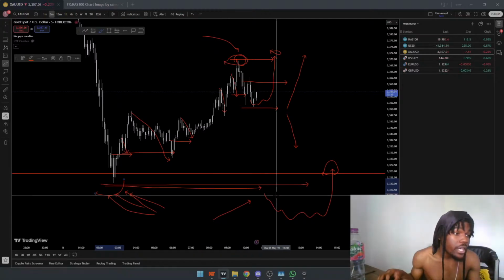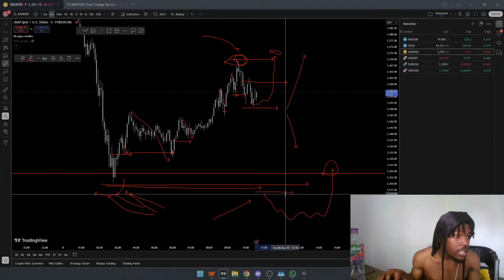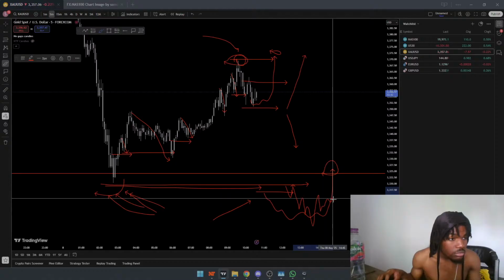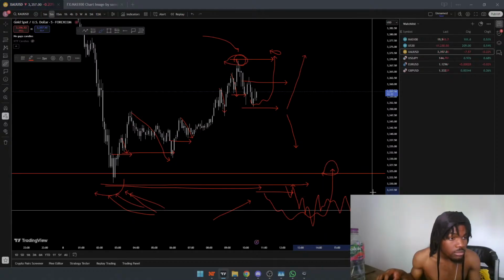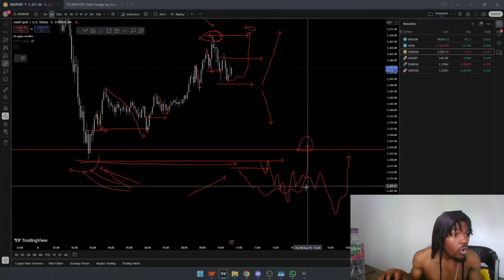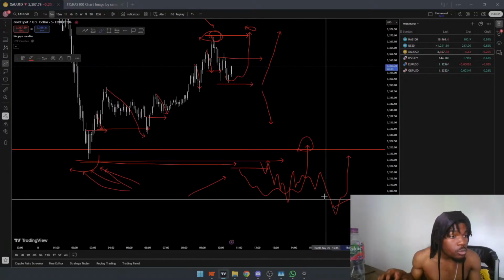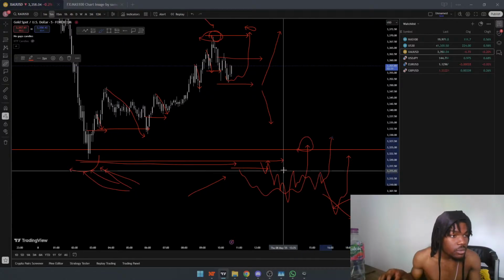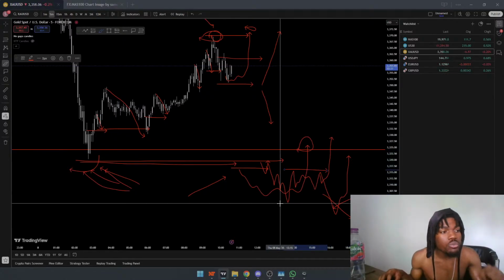Now, I also know that when we close against the pullback, we are trending. So I need to also wait for, probably see that. Or we probably won't get that. And we see that instead. How are we responding to price?